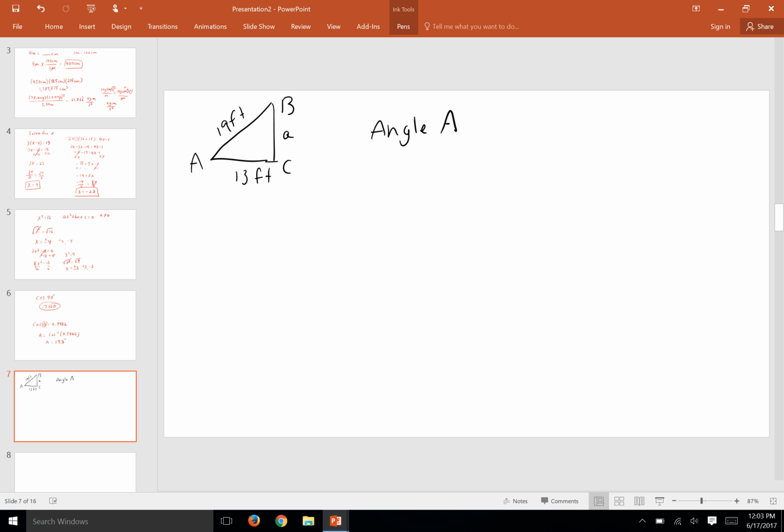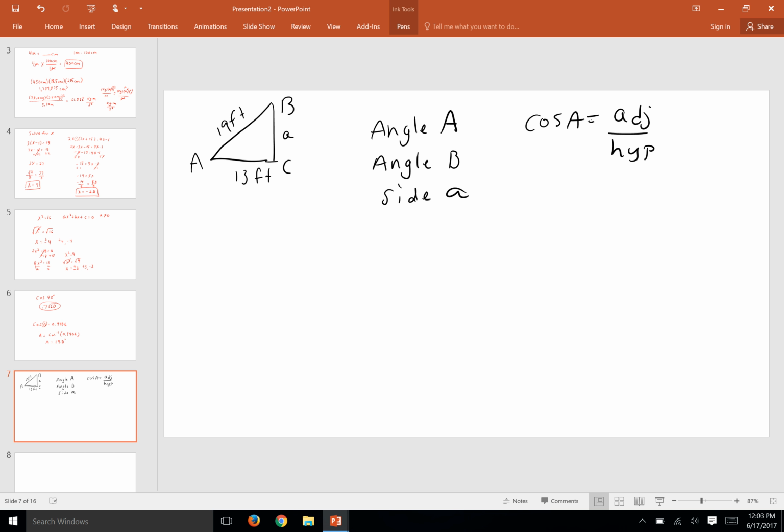the angles are always big A, okay, or big B. We're going to find angle B, and then we're going to find side little a, because that's the only side we don't have, okay? So you're going to have to use your side adjacent and things like that, okay? So cosine. So remember, cosine A equals the adjacent over the hypotenuse.